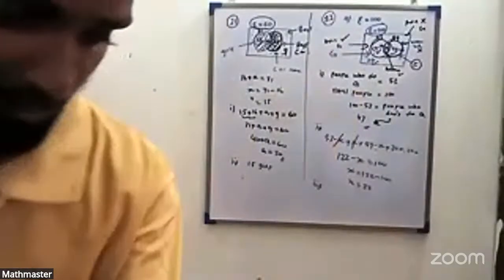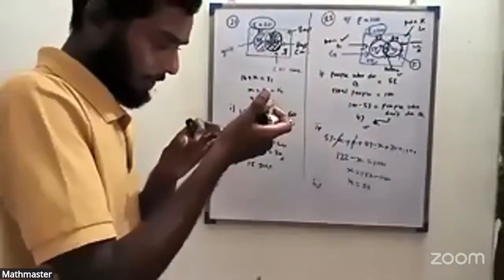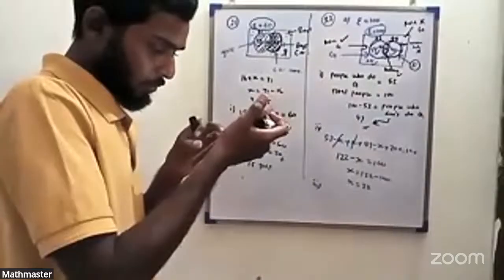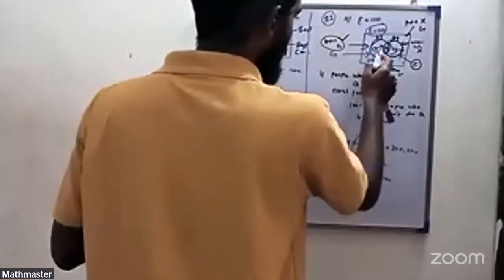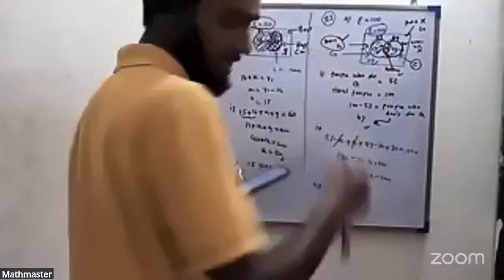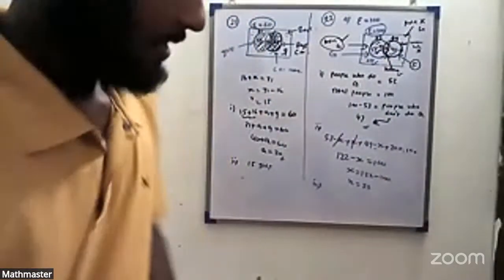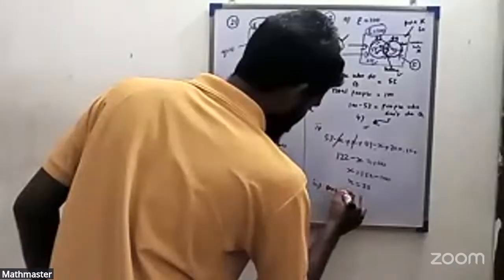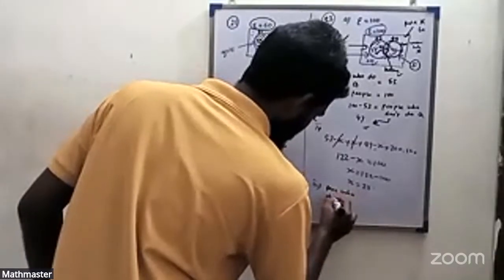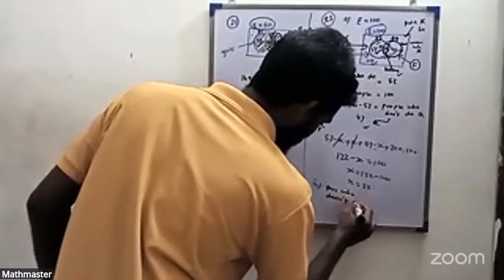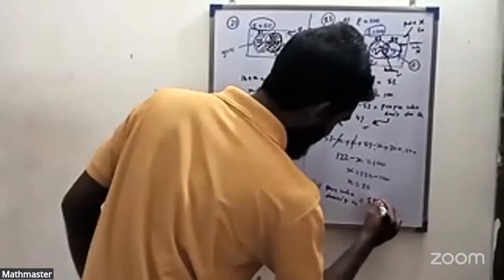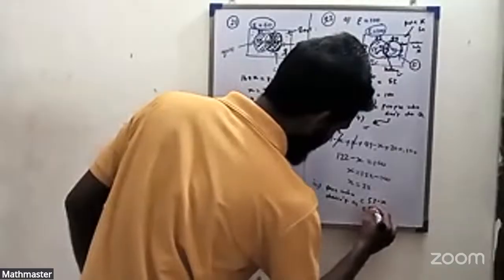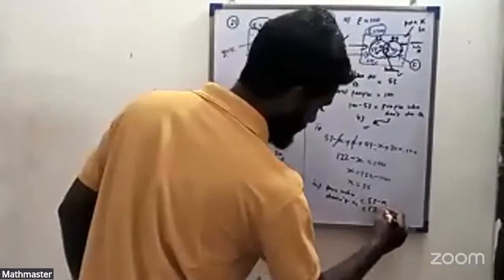They ask for the number of men who do government jobs. The number of men who do not do government jobs is 53 minus X. We found X as 22.